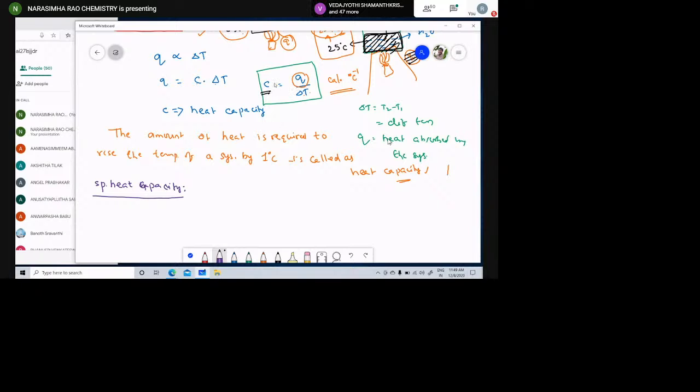Here, mass is not fixed in the earlier case, but here mass is fixed.